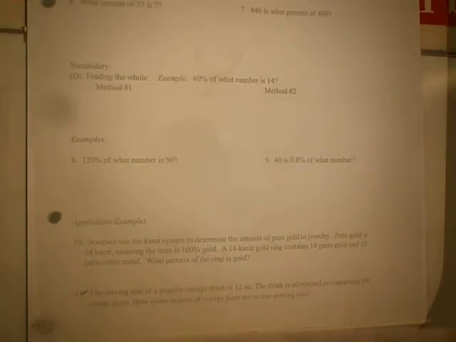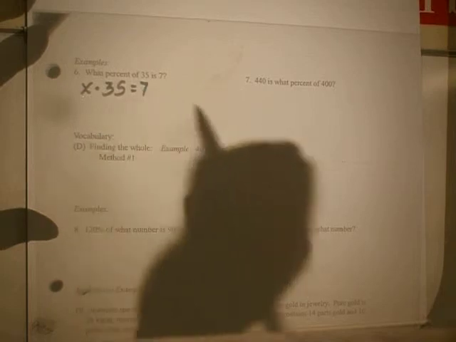Six and 7 are the same type of question. I'm going to do the first one the first way, the second one the second way. What percent is your variable? Of means multiply. 35 is translates into an equal sign. 7.